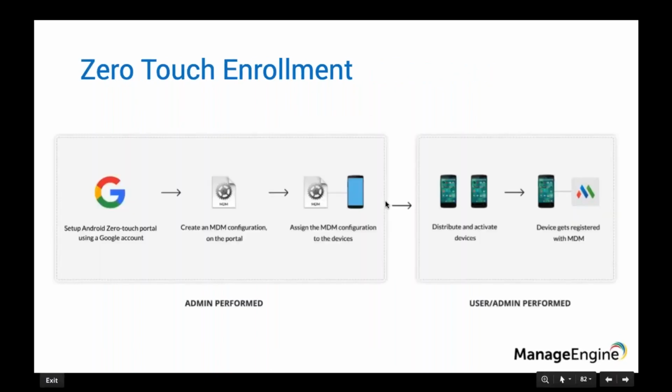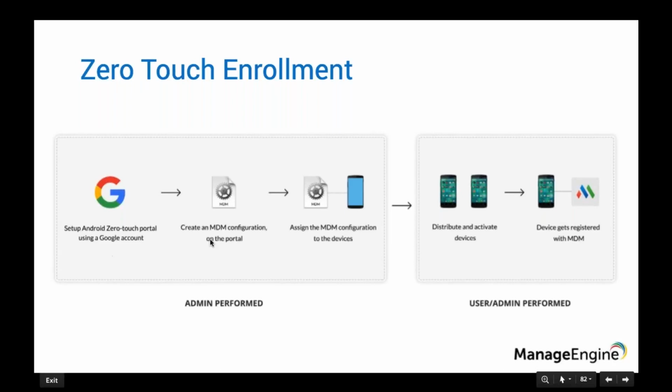So the next method that we'll be seeing is zero-touch enrollment. As you can see, this is how zero-touch enrollment works. It is pretty similar to Apple DEP and has been provided by Google for bulk enrollment of Android devices. So the first step is to set up the Android zero-touch portal by using a Google account.